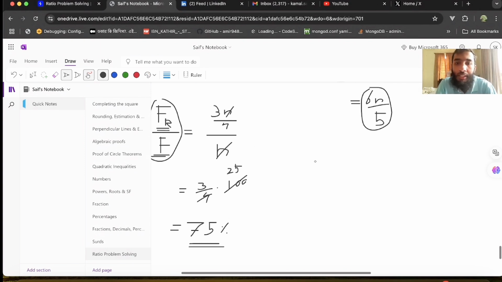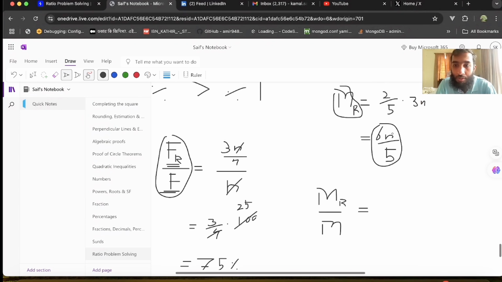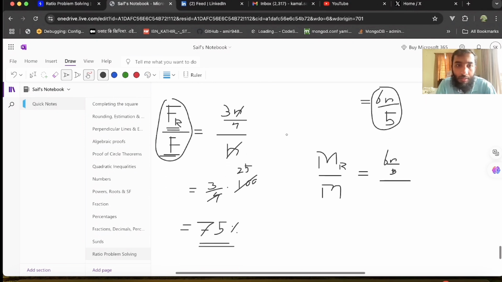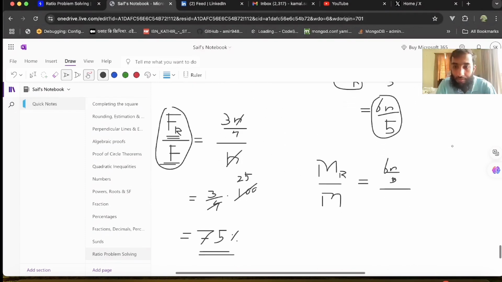So similarly, we can figure out the percentage, or the ratio, of right-handed males by the total male population. So what is the right-handed male population? We figured it out, 6n by 5. And what is the entire male population? Twice n.